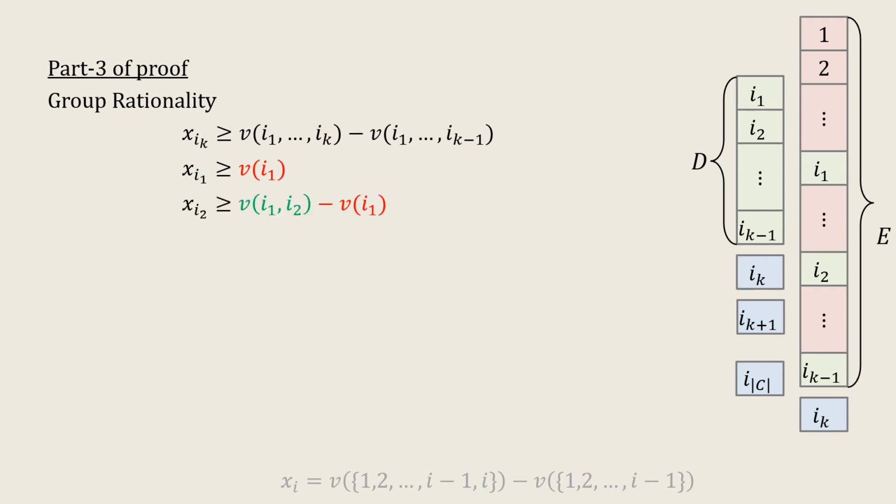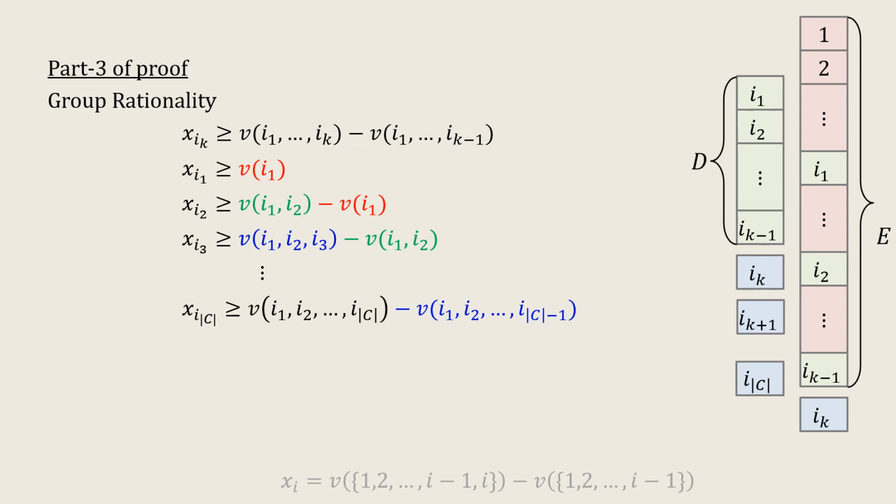Next, xi2 is equal to v of I1, I2 minus v of I1. So this is my D, only this much. To that, I'm adding I2. So this is my xi2. And I keep repeating. For xi3, I have this expression.